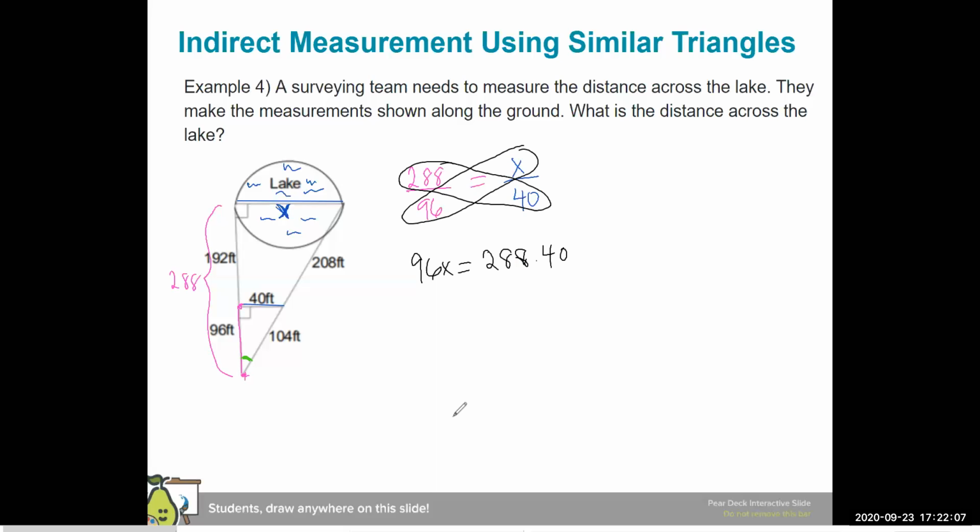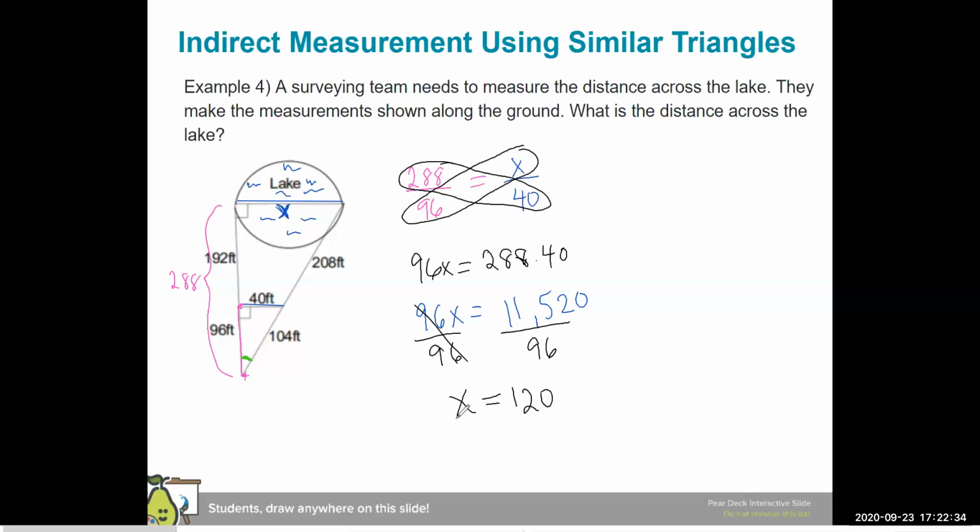So that would be 96x is equal to 11,520. And then I'm going to divide both sides by 96 to find my unknown value x. And the answer is x equals 120.